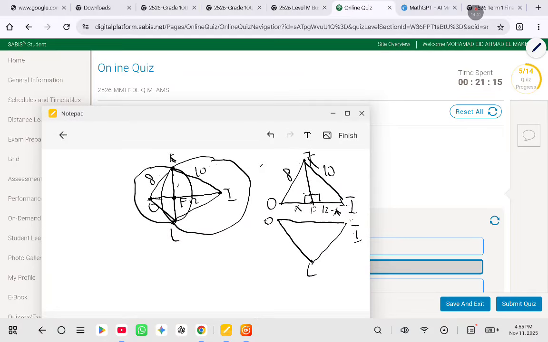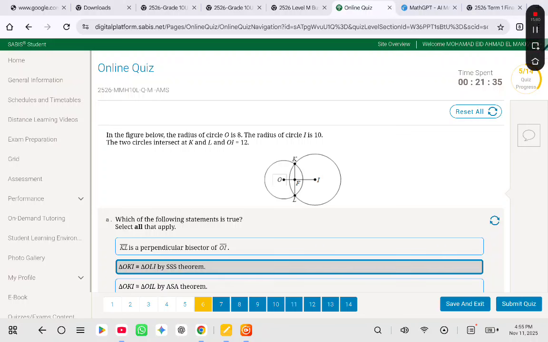So we do 8 squared minus x squared equals 10 squared minus (12 minus x) squared.